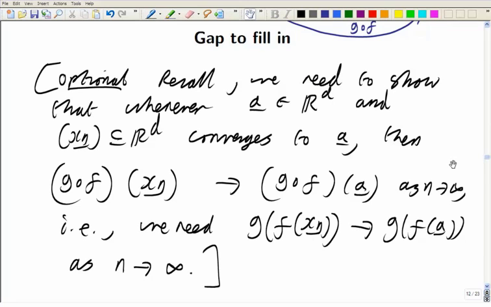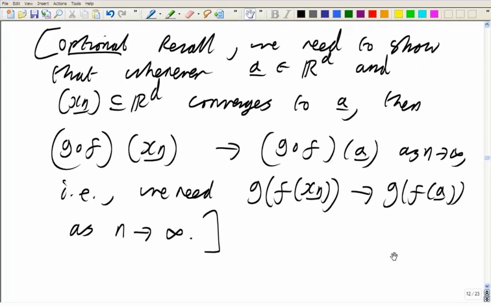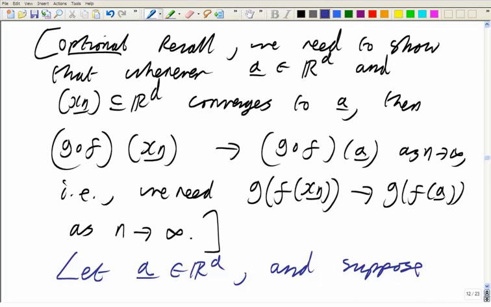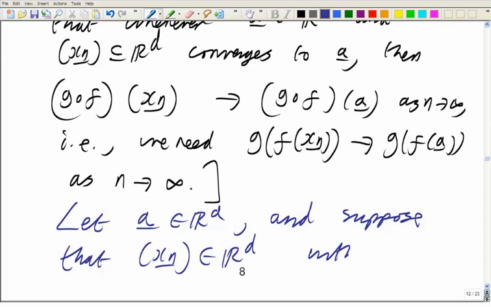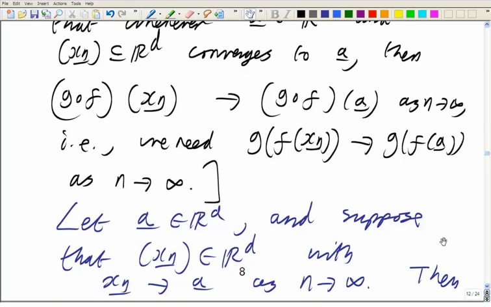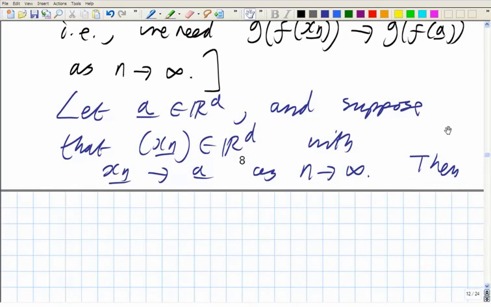So to prove that, let a be in R^d, and suppose you've got a sequence in R^d which converges to a. Well, we know that f is continuous.